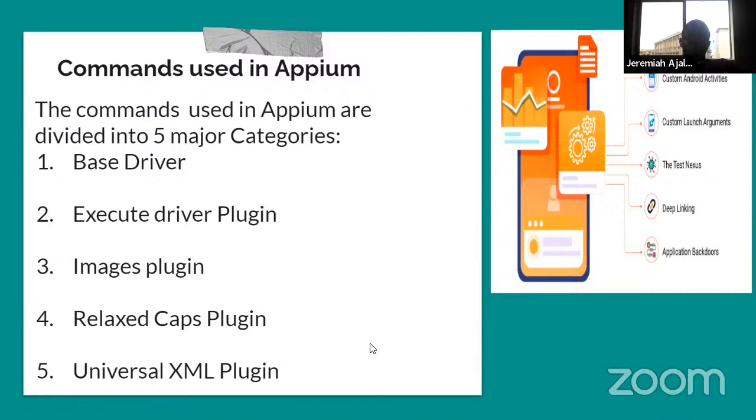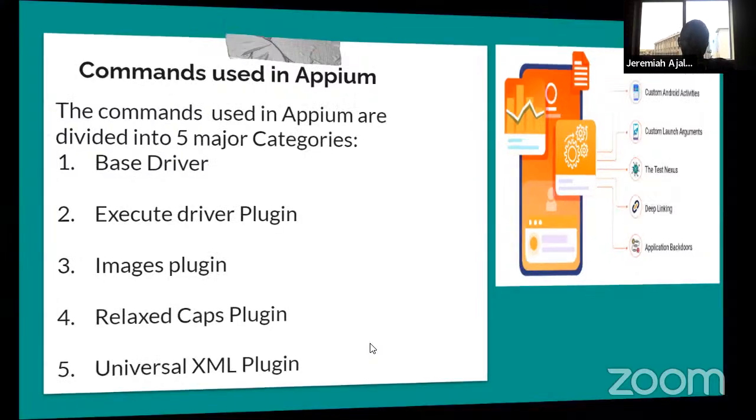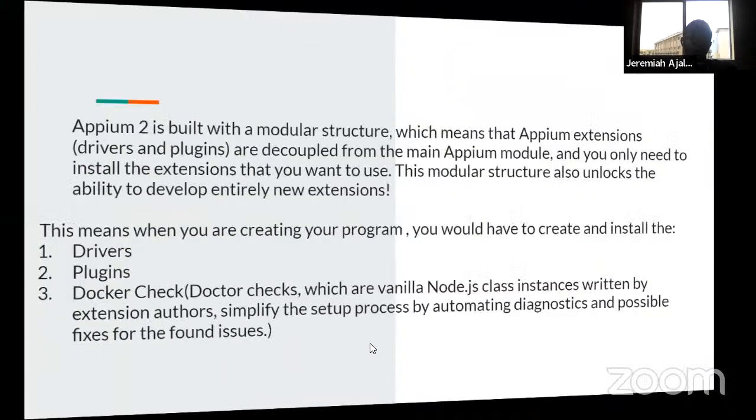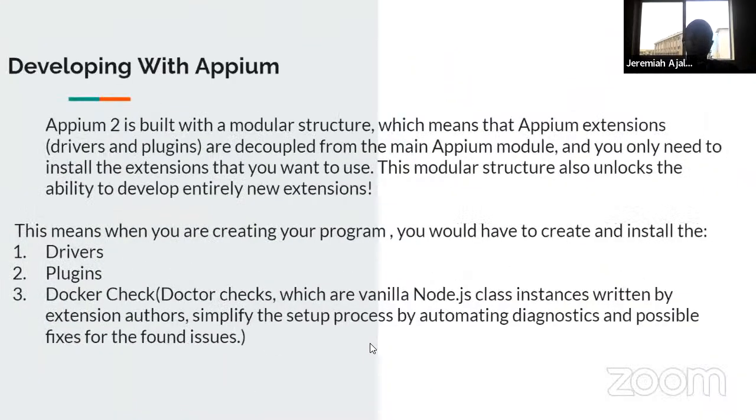There's not enough time for me to go in depth explaining each one of them, but this is the basic summary. Then if you want to develop with APM, you copy from the APM module, because when you install it in your system, it comes with the module.